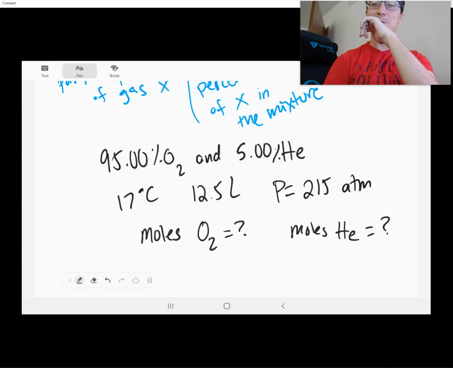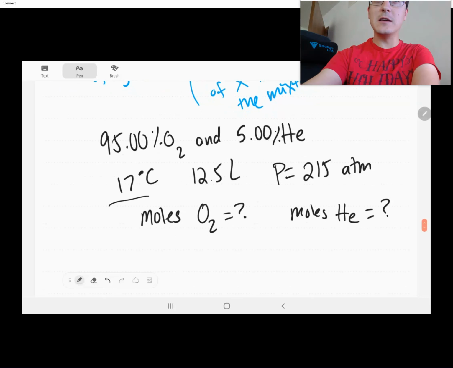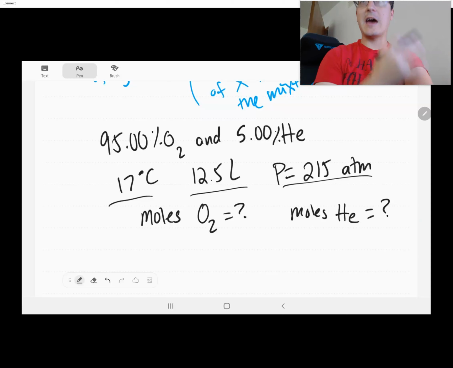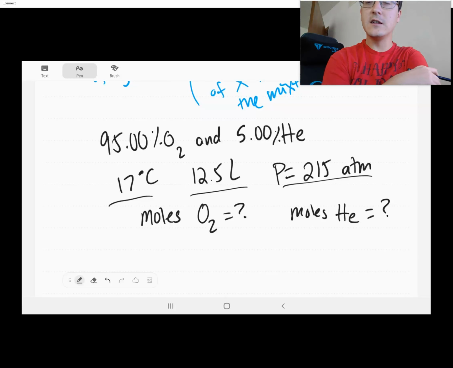So we do have temp, volume, and pressure. So we could find the moles, right? We can figure out, using these three, we could find the total moles of the entire gas, and then use our 95% and 5%.